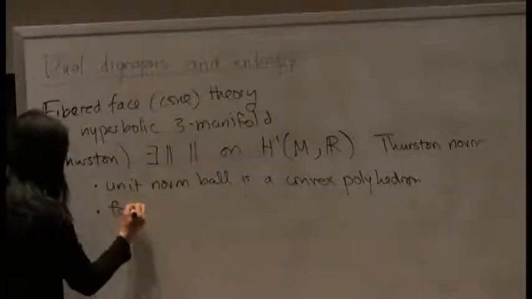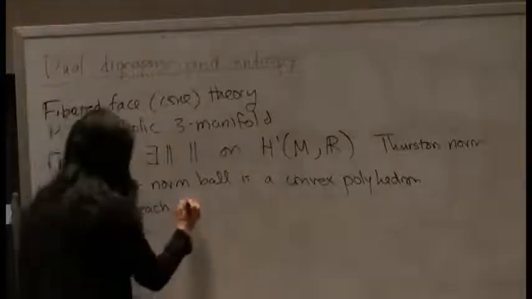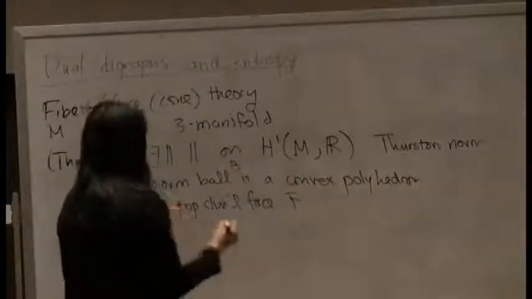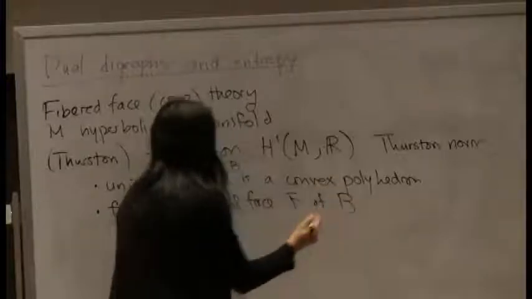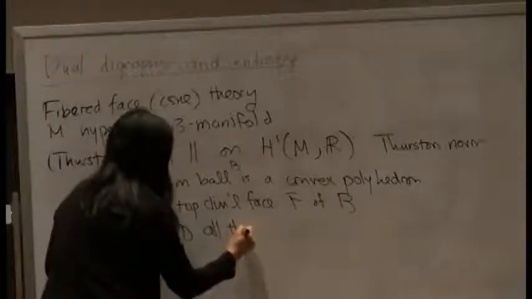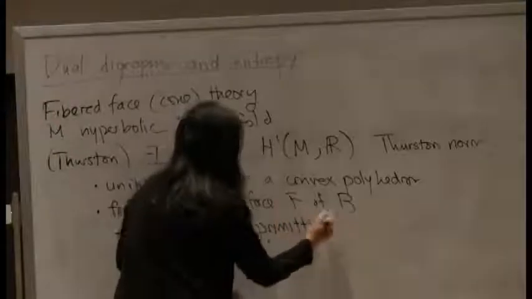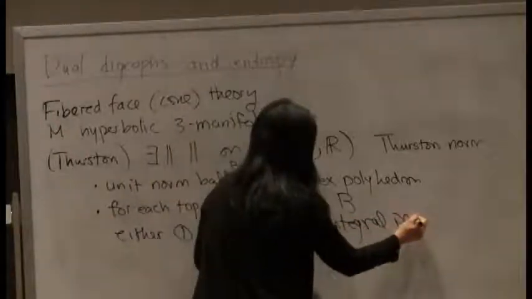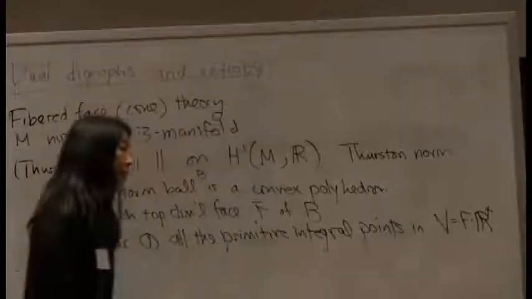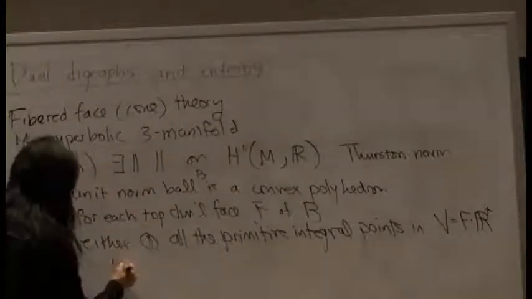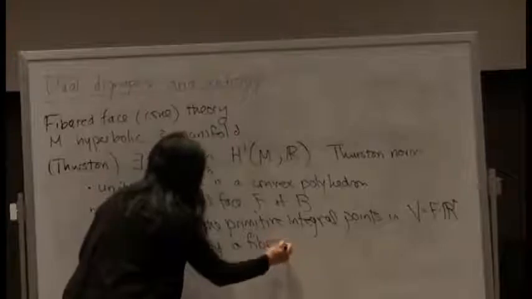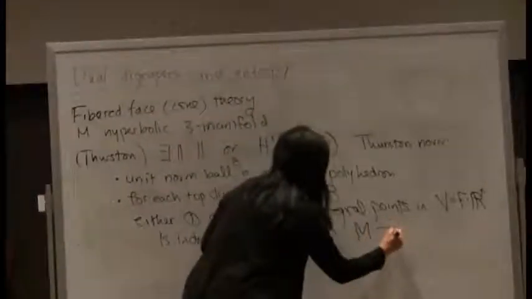For each top dimensional face F of the norm ball B, either all the primitive integral points in the cone over the face, which I'll call V, are induced by a fibration M to S1.